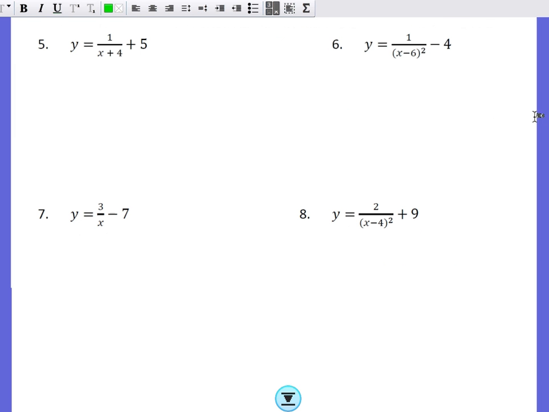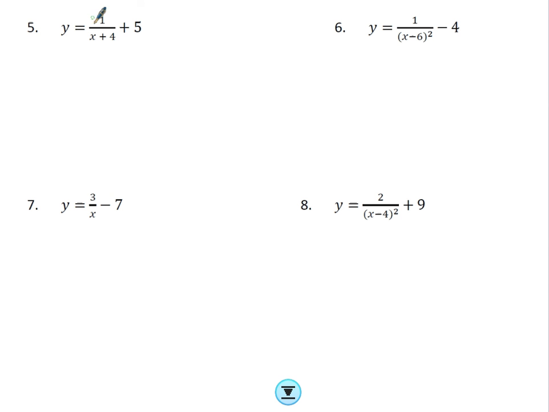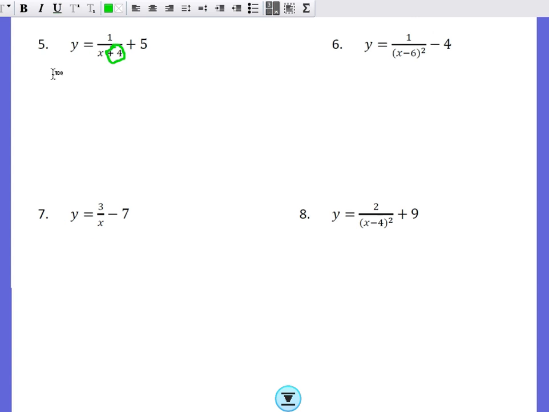All right, and once we get to 5 through 8, we can see that there's more than one transformation happening here. So if you look at number 5, you can see that you have this +4 here. That +4, again, it's the h, so it's opposite, and it's left or right. In this case, it's opposite, so plus would mean left.